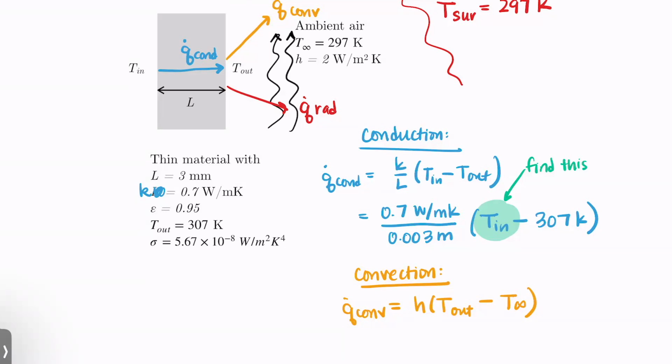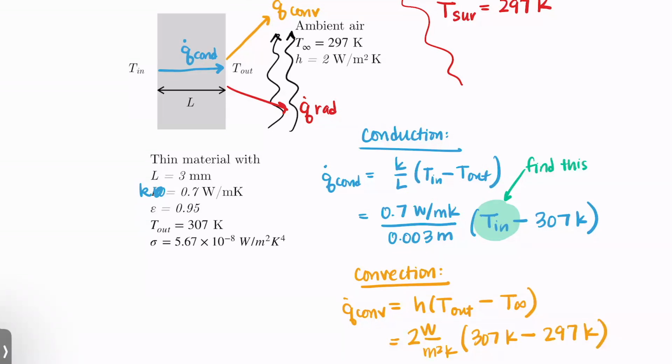This is Newton's law of cooling. We're given all of this information already, so we can just plug it in. So h is 2 watts per meter squared Kelvin. T out is 307 Kelvin minus T infinity, which is 297 Kelvin.